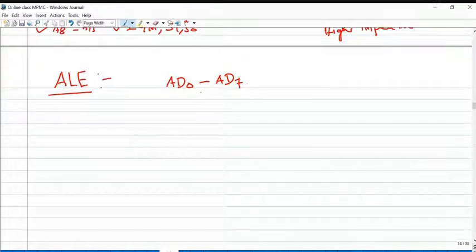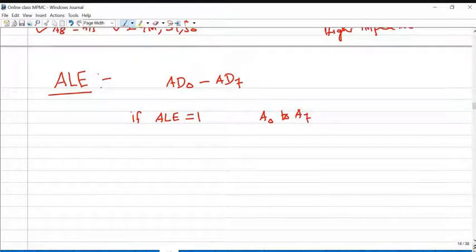So what is the condition that is given by ALE? If address latch enable is 1, the pins A0 to A7 are used to represent the address of the memory or IO device. If address latch enable equals 0, these pins are used for carrying the 8-bit data.